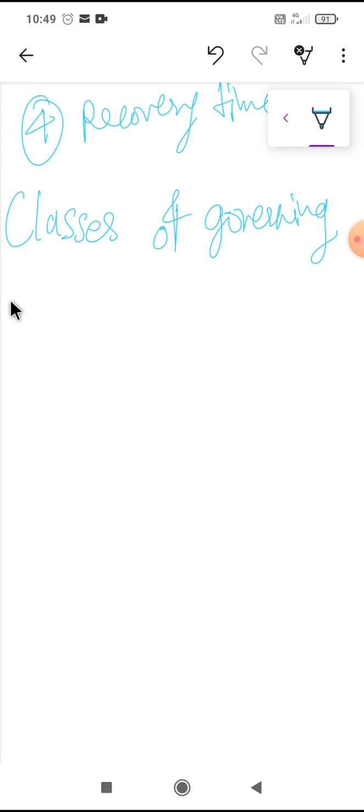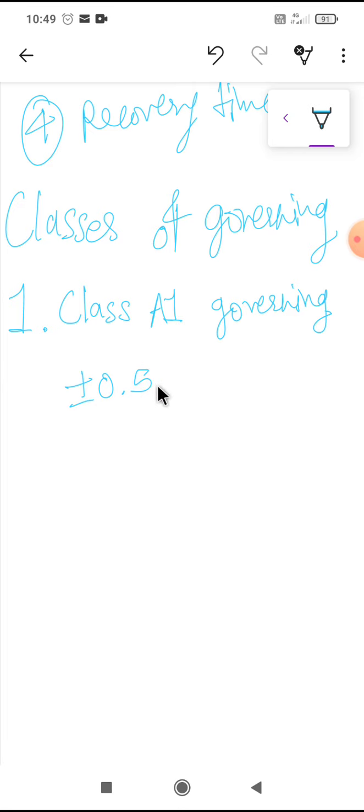First is class A1 governing. The steady state speed band shall not exceed plus or minus 0.5 percent during the performance test. If this is the case, then the governing is called class A1 governing. What do you mean by class A1 governing? It means it is the best governing of the governor.